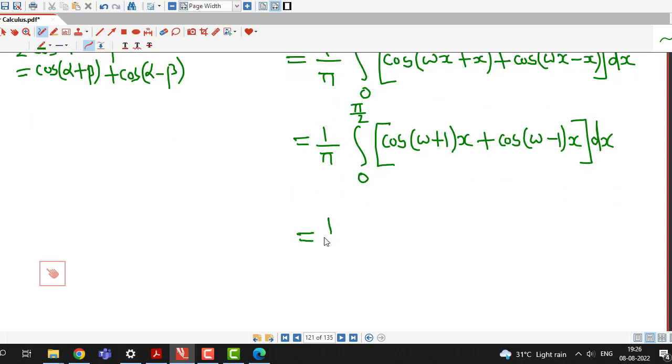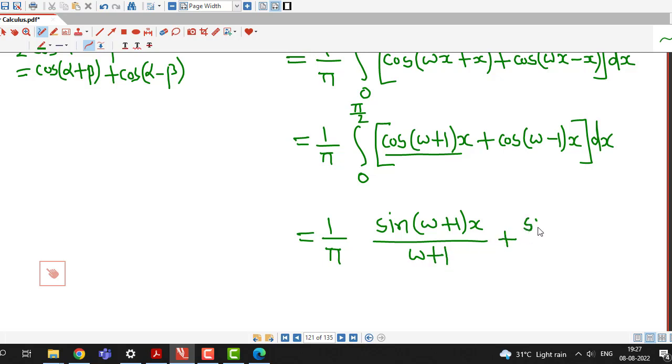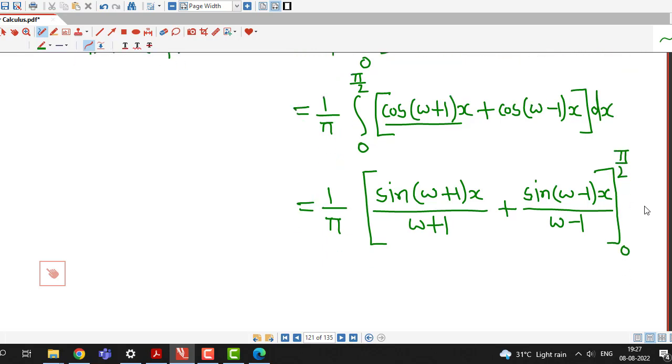Now this is equal to 1 over pi times the integral of cos((omega plus 1)x), which is sin((omega plus 1)x) divided by the coefficient of x, which is omega plus 1. Similarly here, the integral of cos((omega minus 1)x) is sin((omega minus 1)x) divided by omega minus 1. Limits of integral are from 0 to pi by 2.